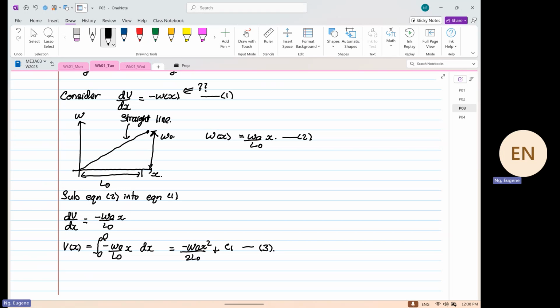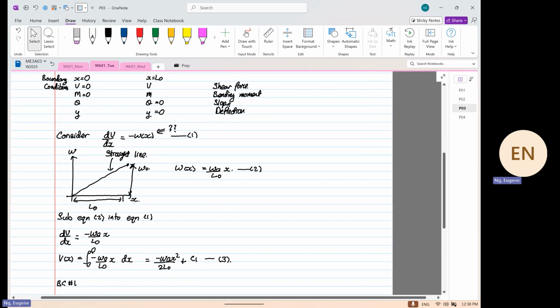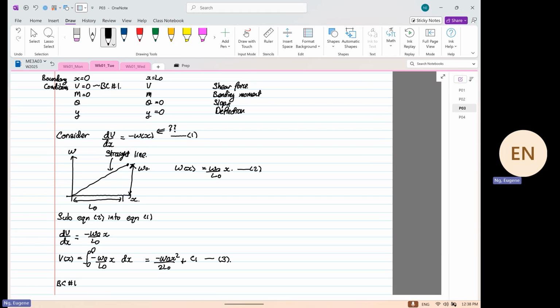But what we have are boundary conditions. So we are going to apply our boundary condition number 1. Boundary condition number 1 specifies that when x is equal to 0, shear force is also equal to 0. We have to use that because now we are dealing with shear force.